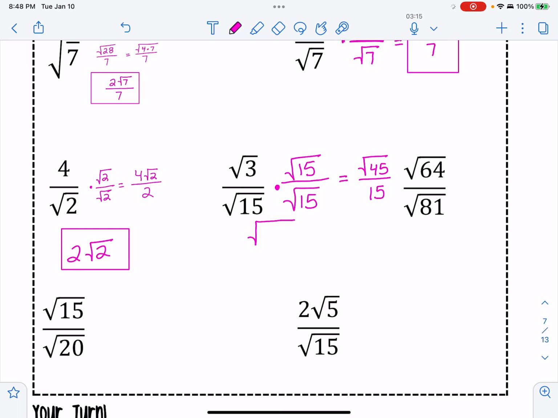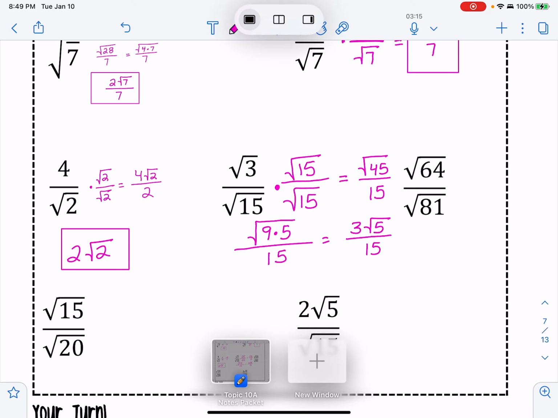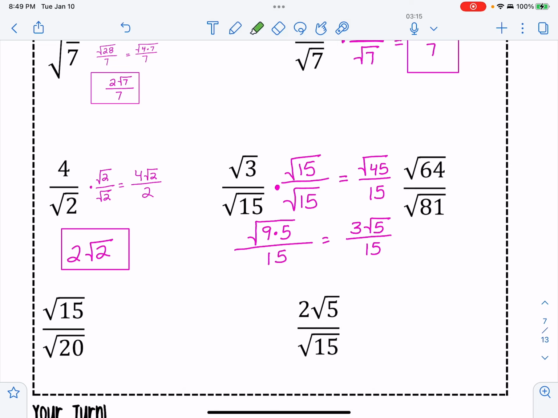So looking at square root of 45, I need to know the largest perfect square of 45. That's 9, of course. So square root of 9 is 3. And then I have 3 times square root of 5 in the numerator. In the denominator, I still have 15. And this fraction will simplify.